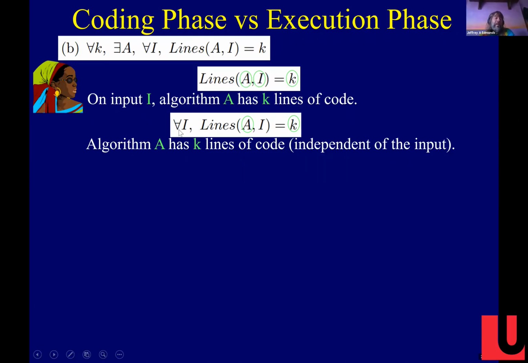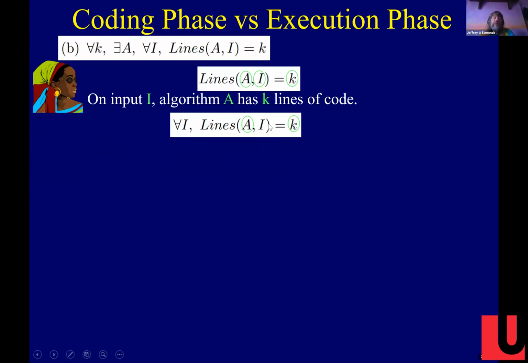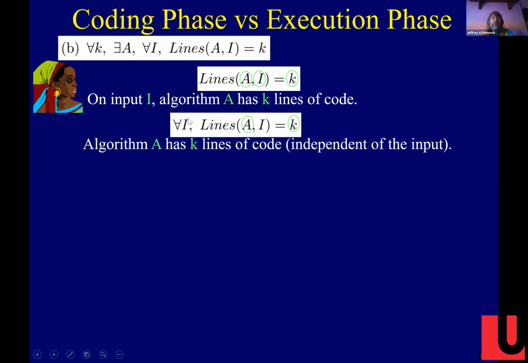For all inputs, the algorithm has the same number of lines of code. People kept asking why I put the input in here, so that you could see that this sentence says it's independent of the input.